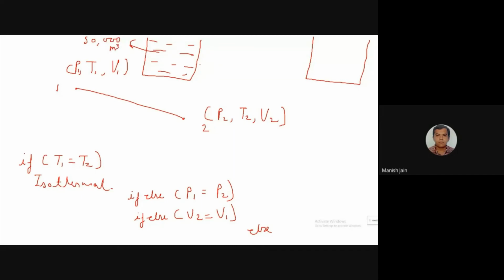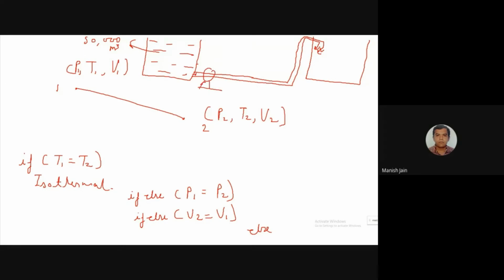Now you have to transport the liquid from the first tank to the second tank. What can you do? You can use a pump to flow the fluid from one point to the other point.